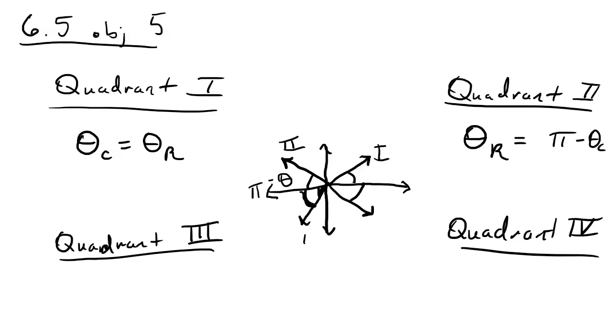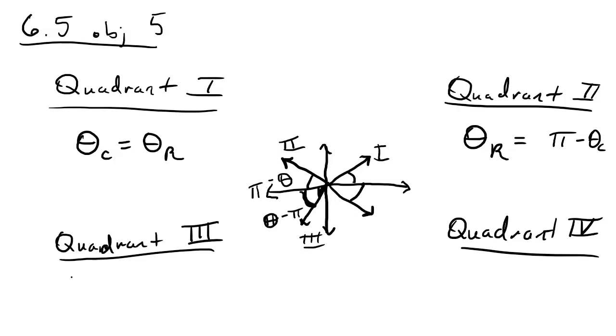In quadrant 3, our theta r is going to be theta minus pi.